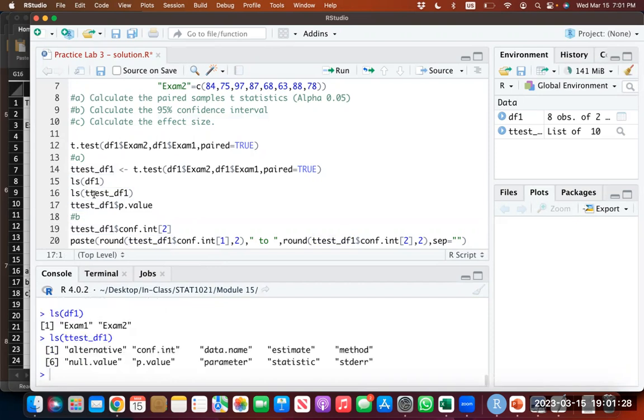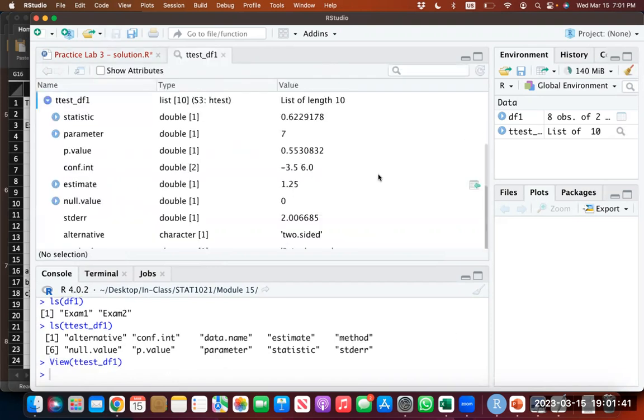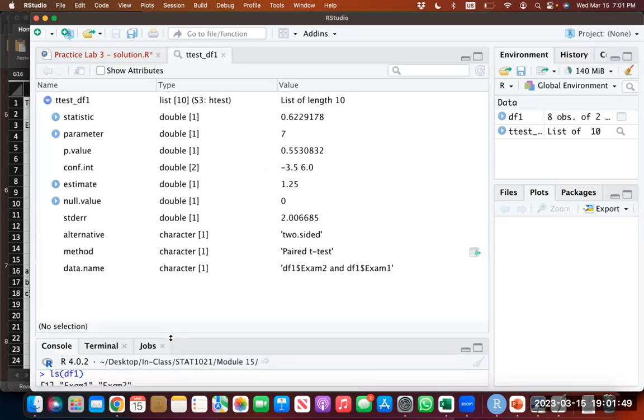With ls, you can ask R what is contained in that thing. For df1, for example, you have various things in there. We can look at this in a little more detail by clicking on the magnifying glass on the right side. We see what's contained in our t-test object.